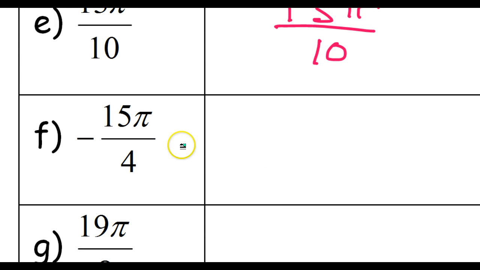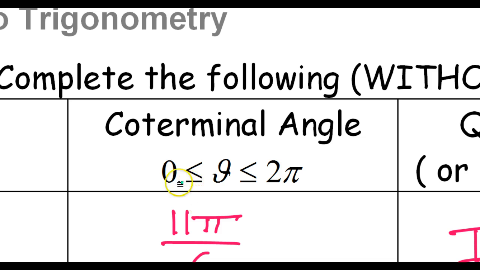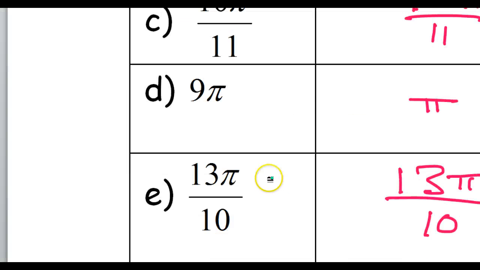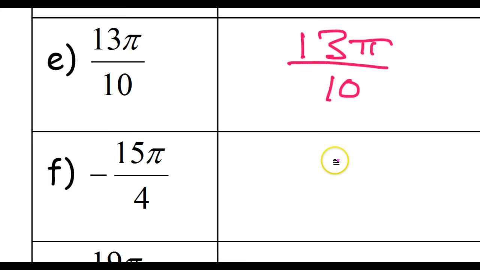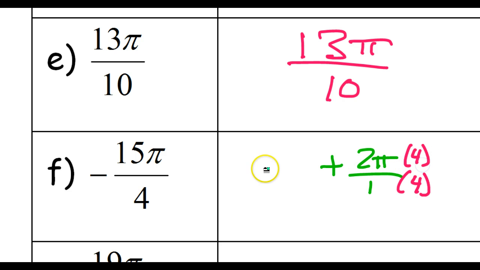Now for F. This is negative, so clearly I need to add to get into the range, because I'm supposed to be between 0 and 2 pi. So I'm going to have to add 2 pi to this. As I contemplate adding 2 pi, remember this is like 2 pi over 1, and I'm going to need like denominators. So I'm going to wind up multiplying this by 4, doing 8 pi over 4.